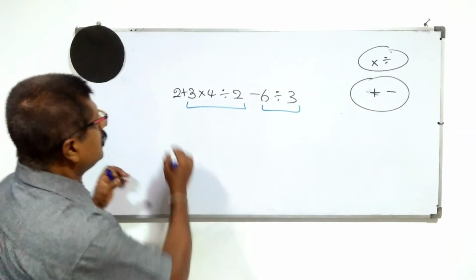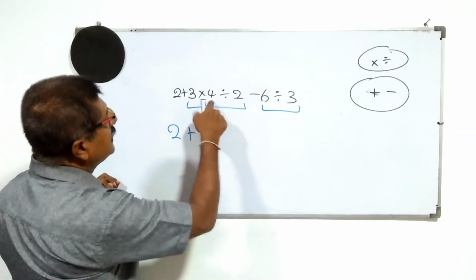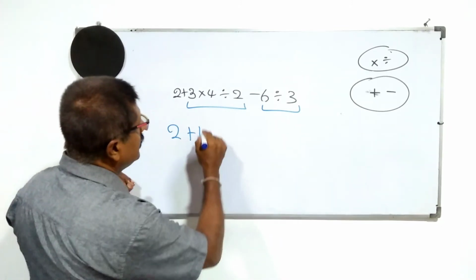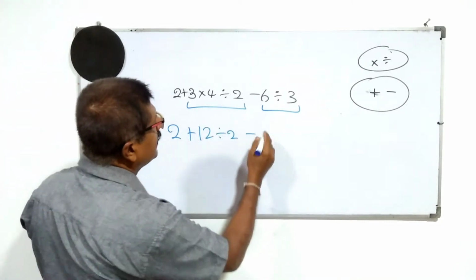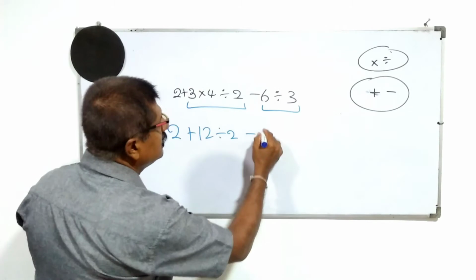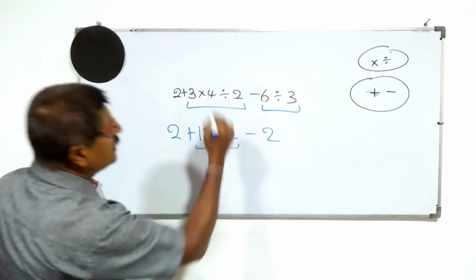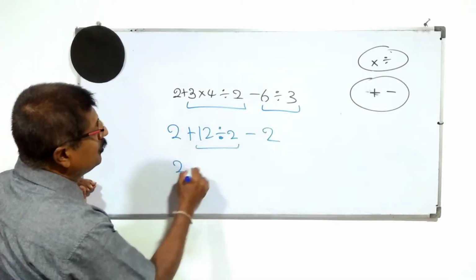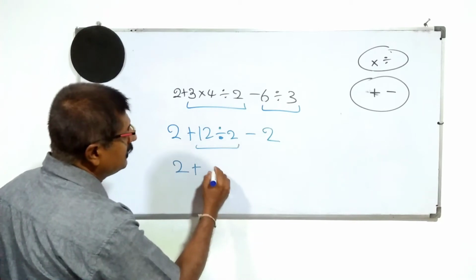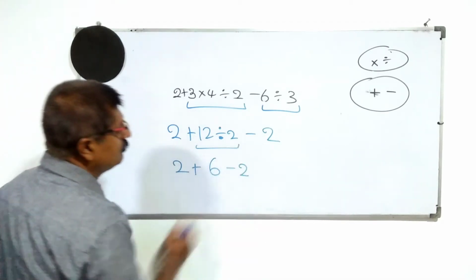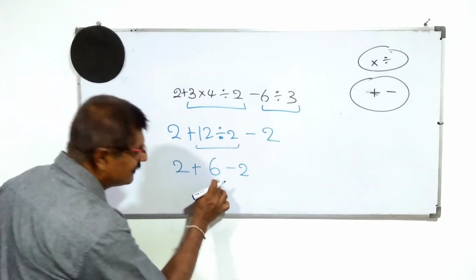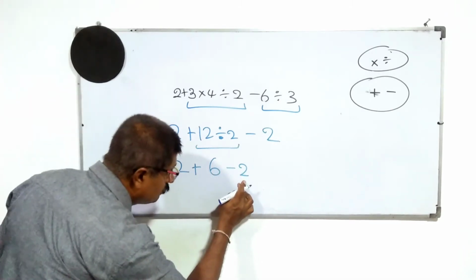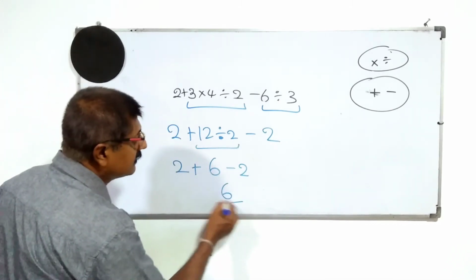Right. 2 plus 3 times 4, 12. Division, 2 minus 6 divided by 3, 2. Now again, division has to be solved. 2 plus 12 divided by 2, 6. Minus 2. Then 2 plus 6, 8. 8 minus 2, again 6.